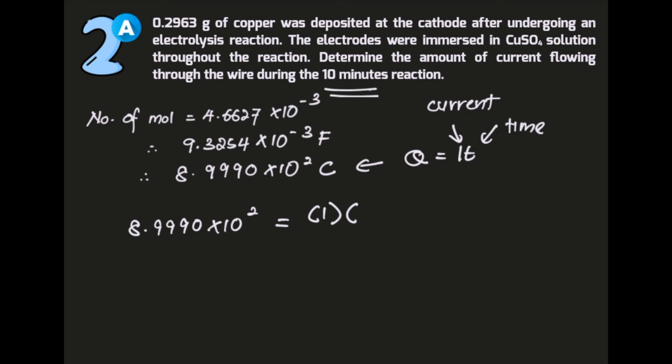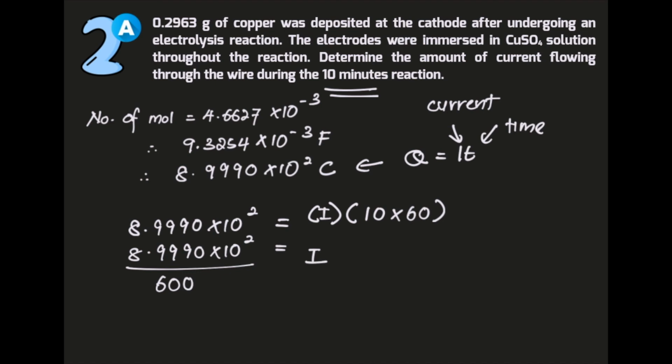Time is given as 10 minutes. Remember that we always need to convert this into seconds. 1 minute is 60 seconds. So 8.9990 times 10 to the power of 2 divided by 600, you will get the value of I. Therefore, your I should be equivalent to 1.4998 ampere. So this is the final answer for question number 2A.